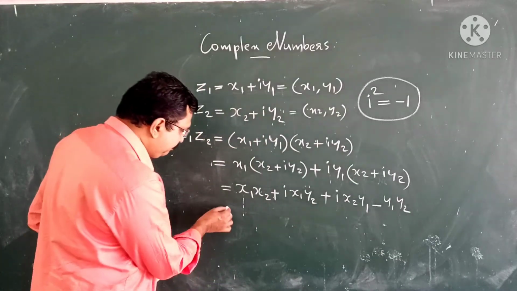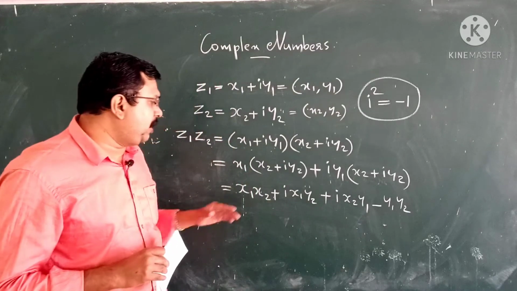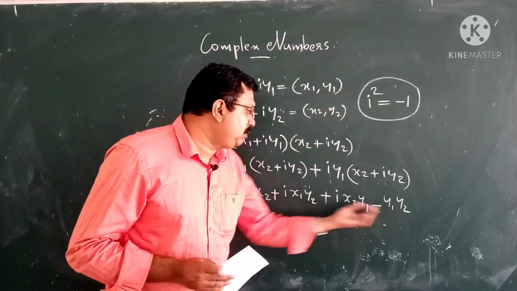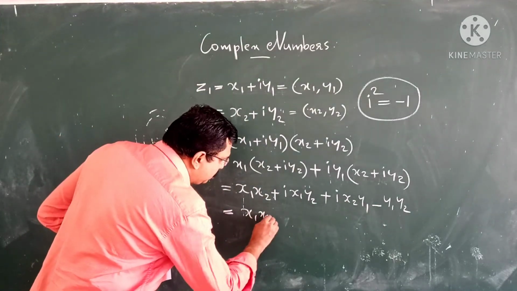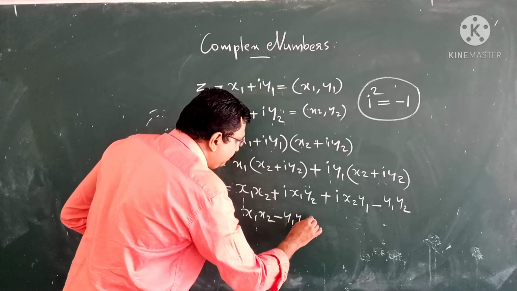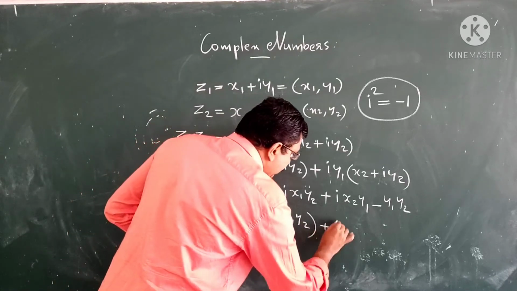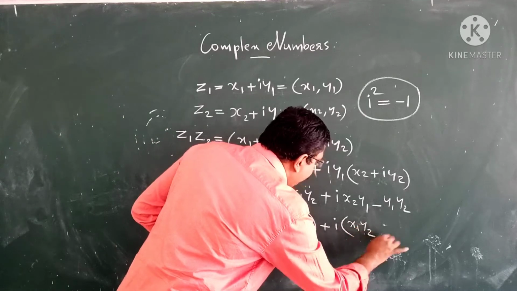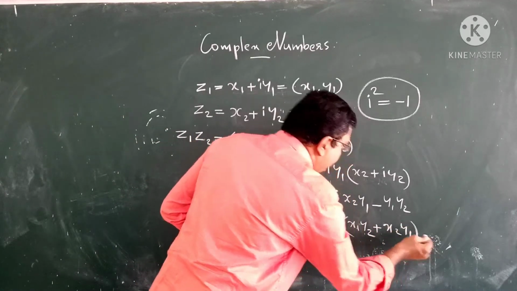Now we can group the real part as one group and the imaginary part as another group: x1 x2 minus y1 y2, this is one group, plus i into (x1 y2 plus x2 y1).